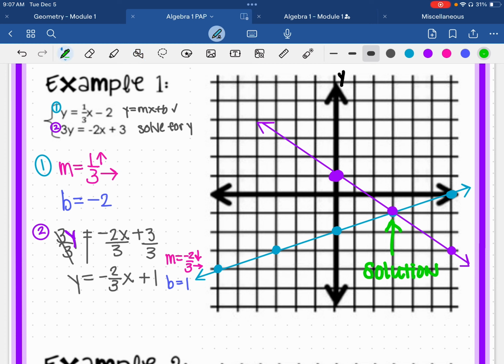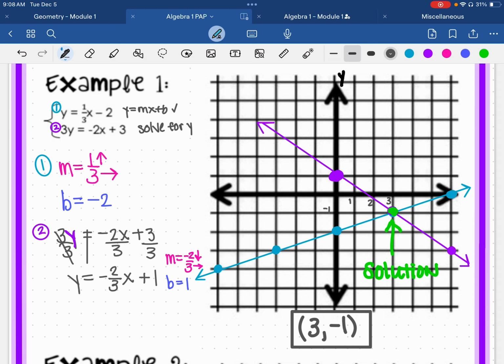There's our solution right there, where the blue and the purple lines are intersecting. I'm going to write that as an ordered pair. It is 1, 2, 3, and then -1. So my answer here would be (3, -1).